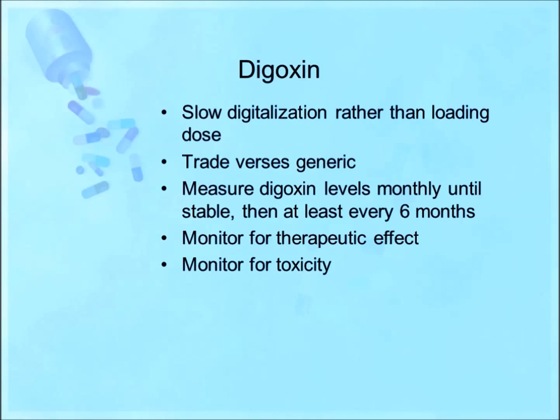Serum levels should be drawn at least 6 to 8 hours after the last dose and ideally just before the next dose. Hypokalemia is a risk factor for the development of arrhythmias, even in patients with a therapeutic level. So remember to make sure that the patient does take potassium or eats foods high in potassium if they're on diuretics as well.